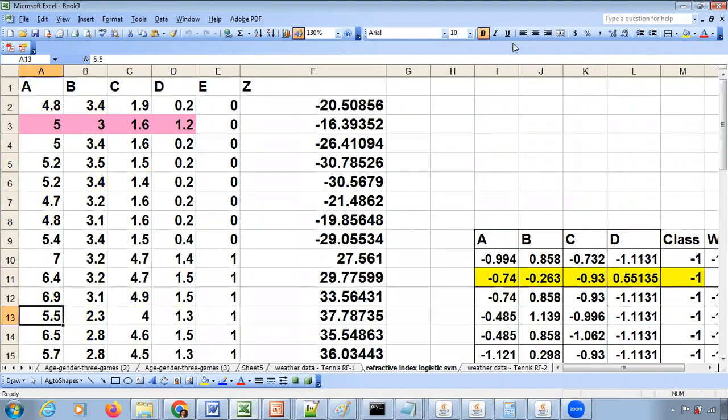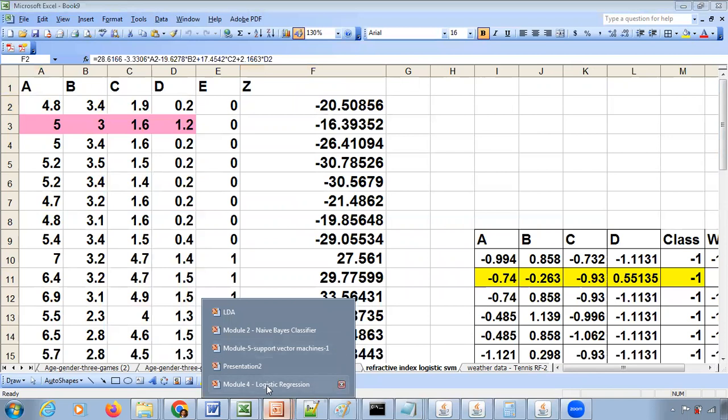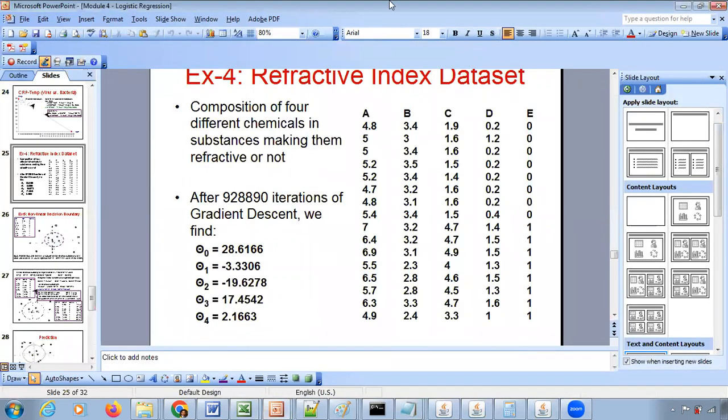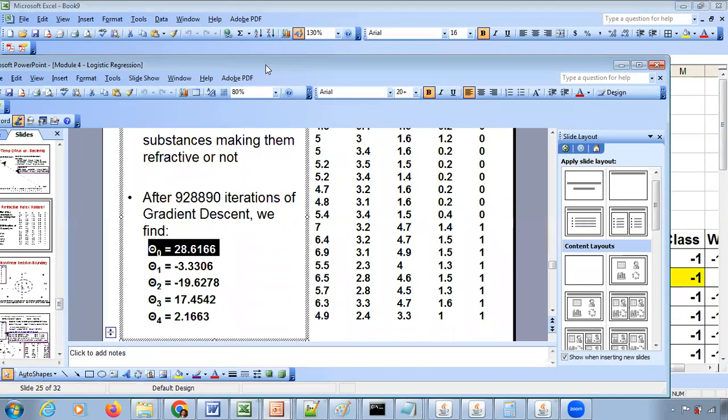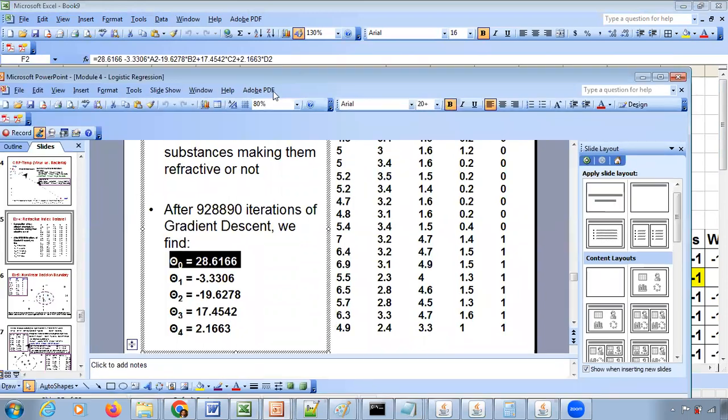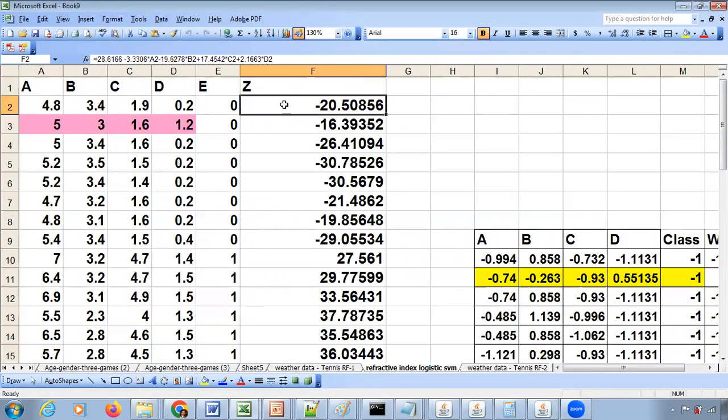So we did this with logistic regression. This is our theta times x, and if you cross-check the parameters, theta 0 was 28.6166, and that's what we have here. Then negative 3.3306 for theta 1, and so on to theta 4. So plug this in as theta times x.